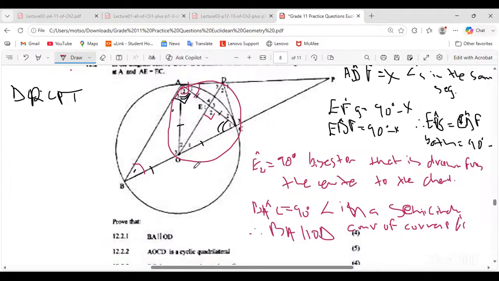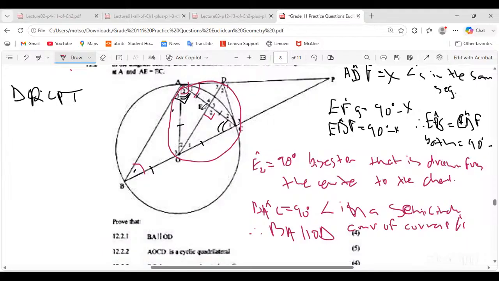So let us have a look at how we can do this. We can prove that these angles are equal, or use the opposite angles and show that they are supplementary. By doing that, we will be proving that this is a cyclic quad.